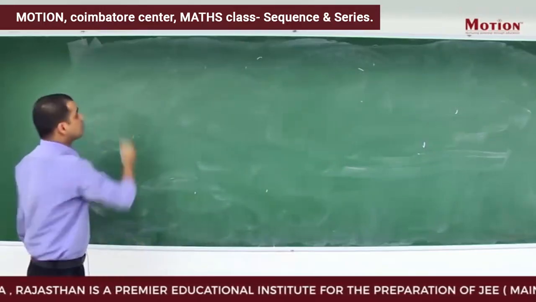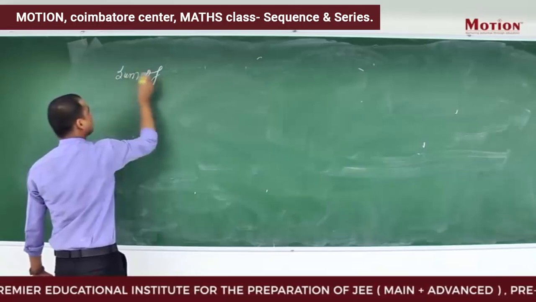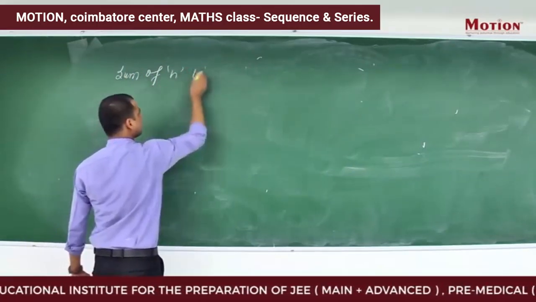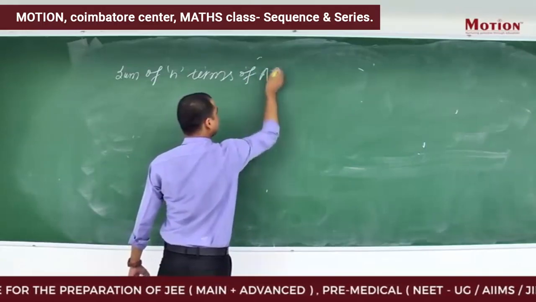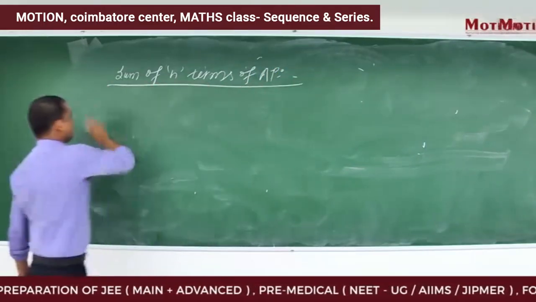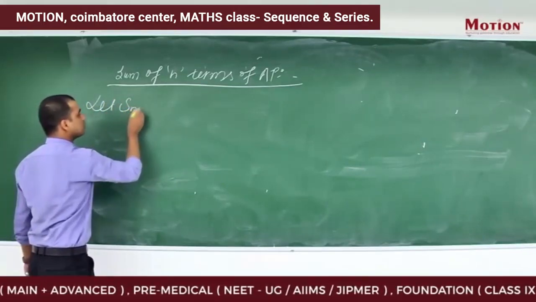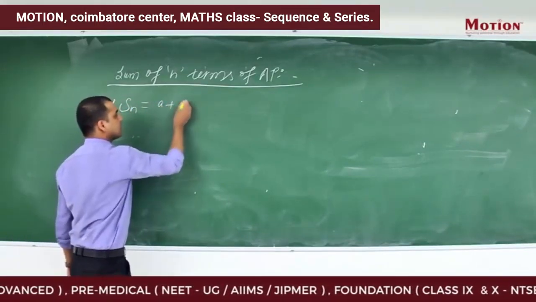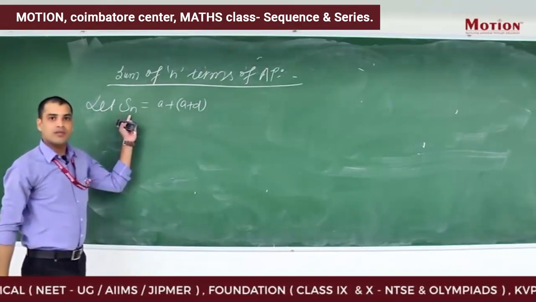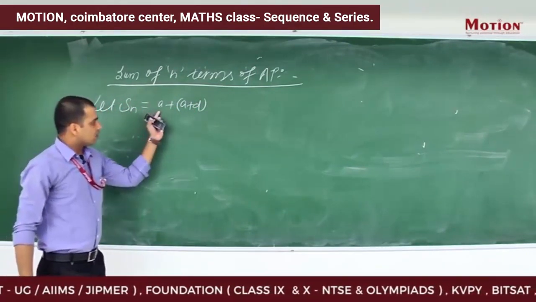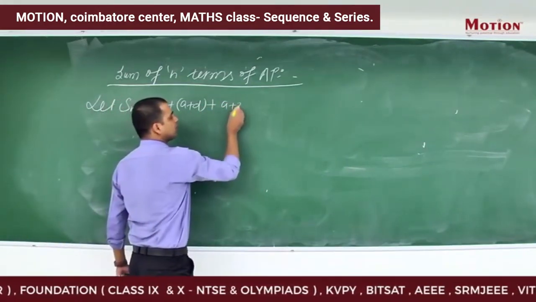Our next heading is the sum of n terms of AP. Let's suppose Sn is the sum of n terms of AP: A, the first term, A plus D, the second term, after that the third term A plus 2D.